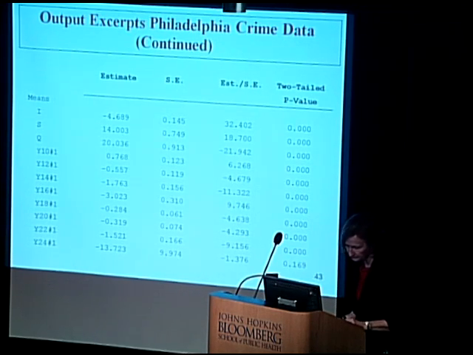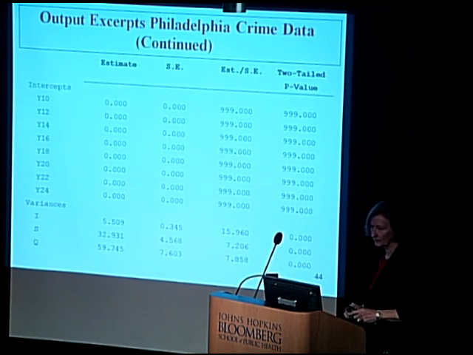And you can see here all the intercepts for the y part are fixed at 0 as part of the growth model parameterization. And then we have the variances of our intercept, slope, and quadratic growth factors.